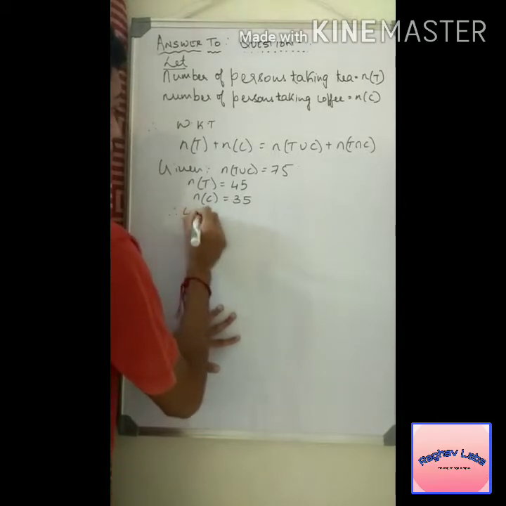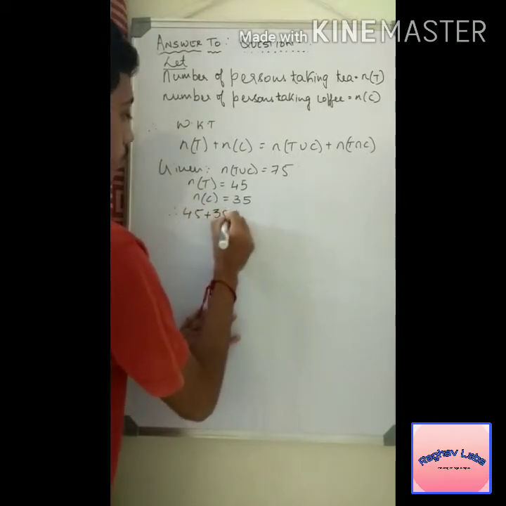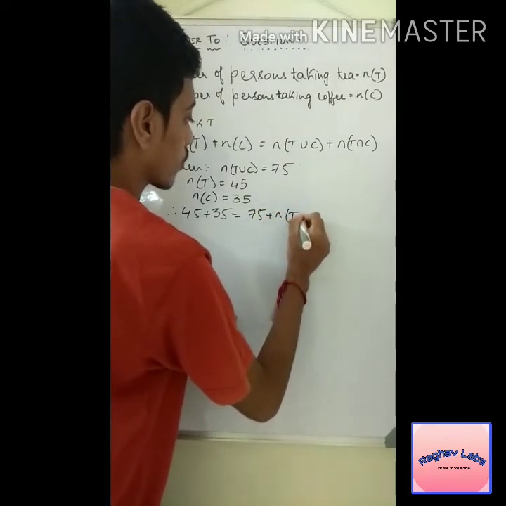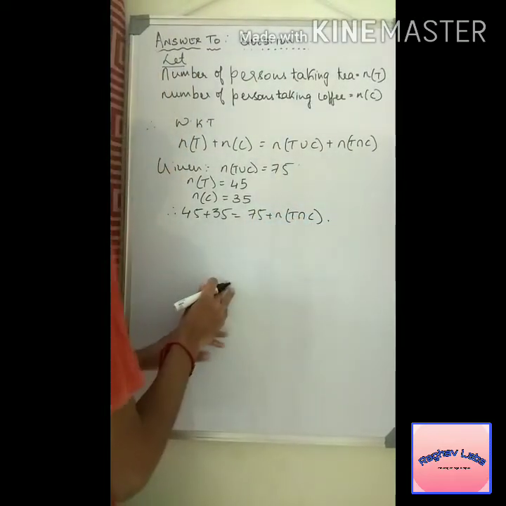So by the formula we have 45 plus 35 is equal to 75 plus n of T intersection C, right?